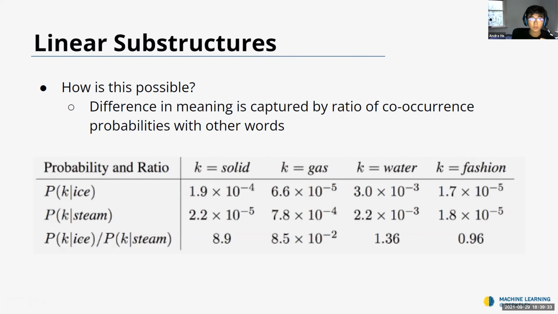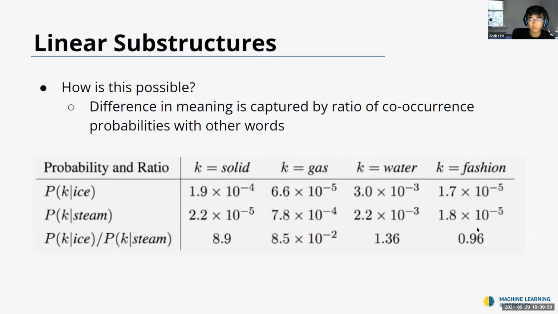So in this case, the difference in meaning is captured by this: when you replace steam with ice, you become 9 times more likely to find solid in the same document. You become much less likely to find gas in the same document. And it doesn't really change how likely you are to find water in the same document, because these are both made of water.